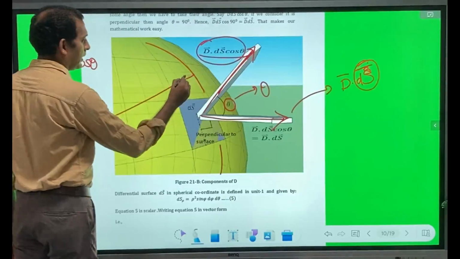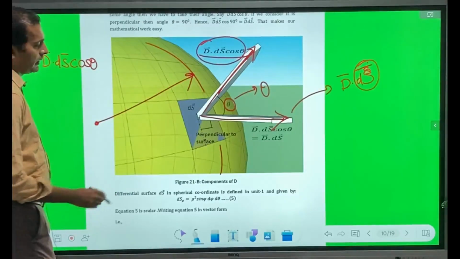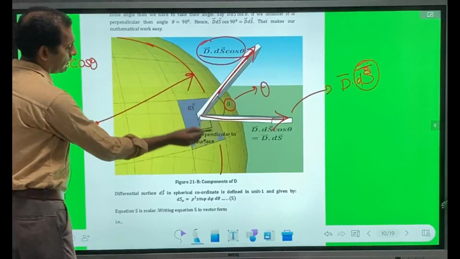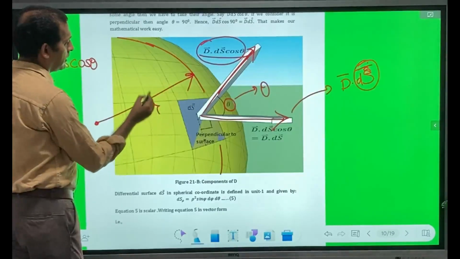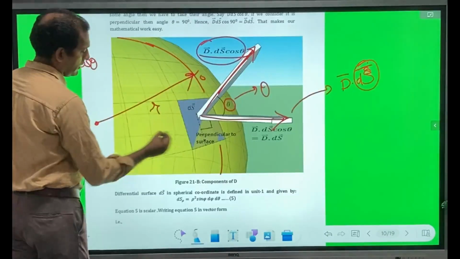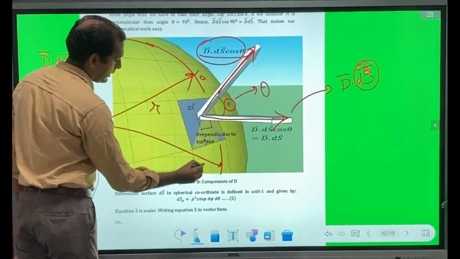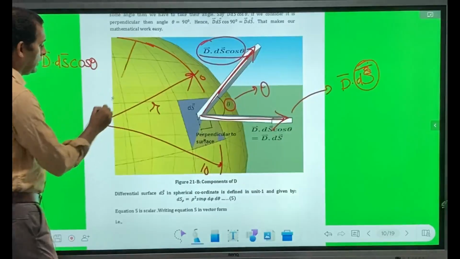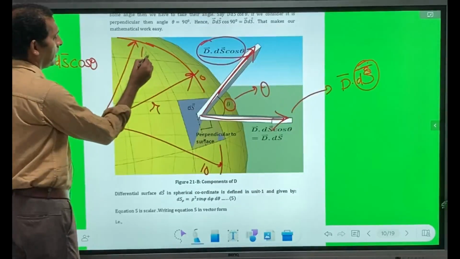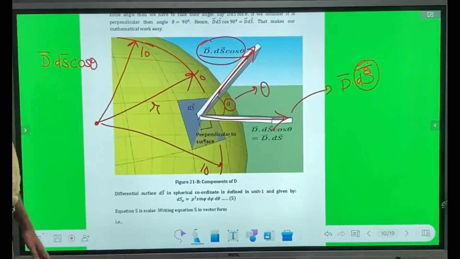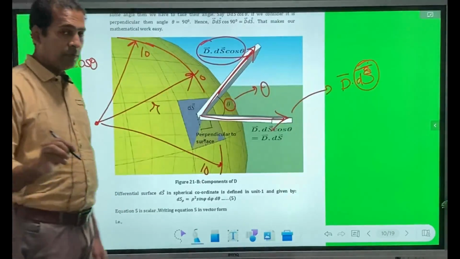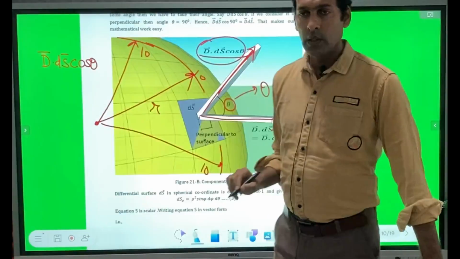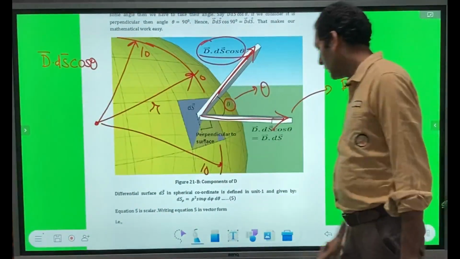So if we take this line like this, which value will be constant on this surface? Of course, radius. If radius is 10 here, also it will be 10, here also it will be 10. So all over the radius of this system will be the same. So it will be the radius constant surface.